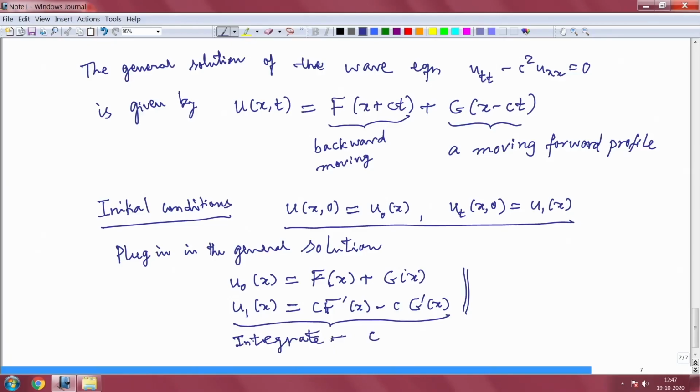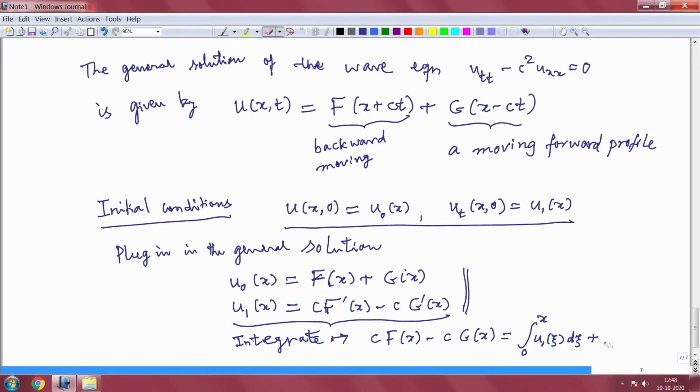We get c f(x) minus c g(x) is equal to integral 0 to x u_1(j) dj plus some constant, where k is a constant of integration.